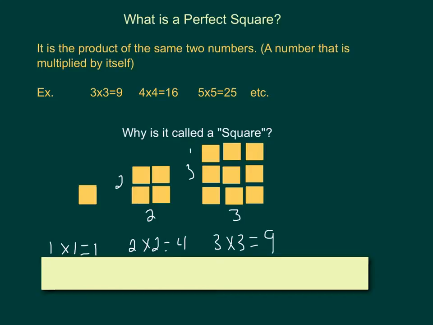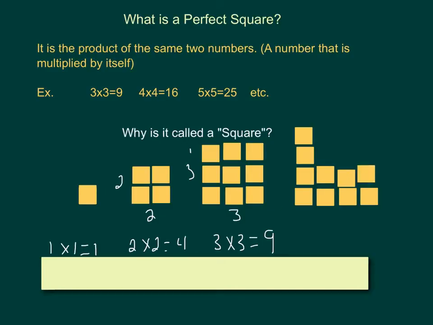Just one more time, just for emphasis, let's go to the next number up. 1, 2, 3, 4. And again this way, 1, 2, 3, 4. Sorry these aren't perfect, but you should get the idea here. There we go.